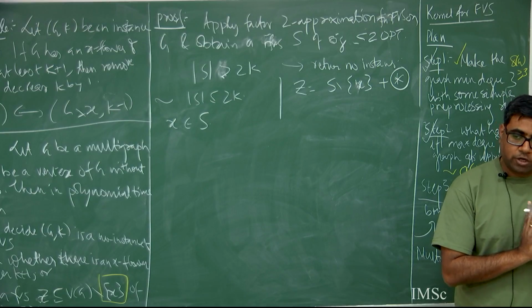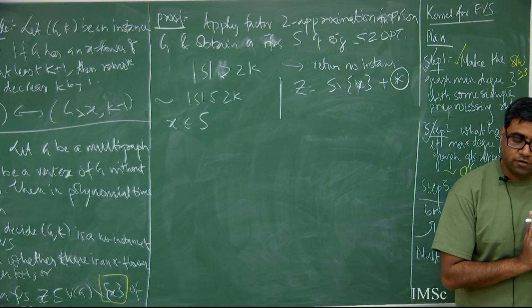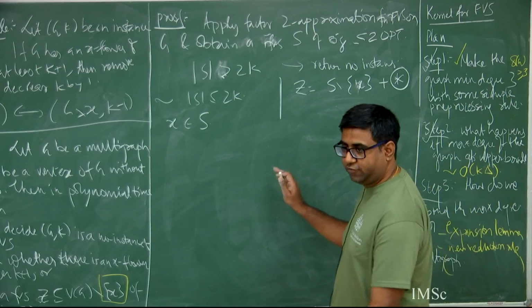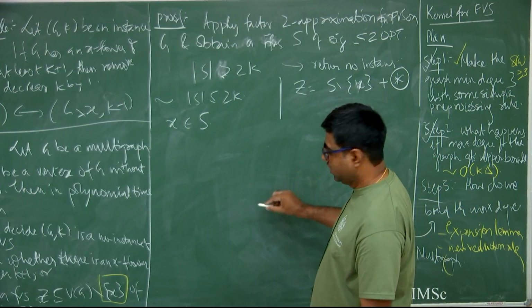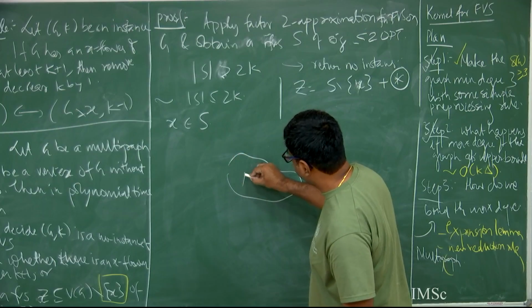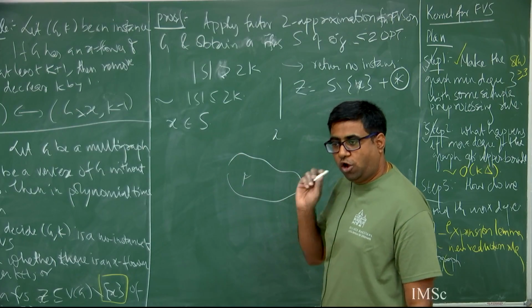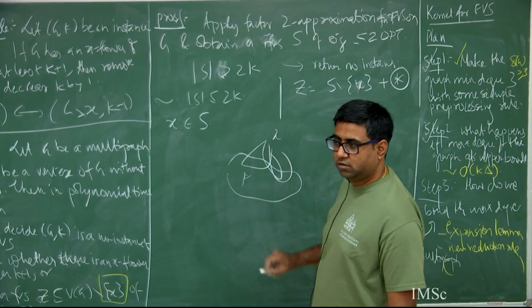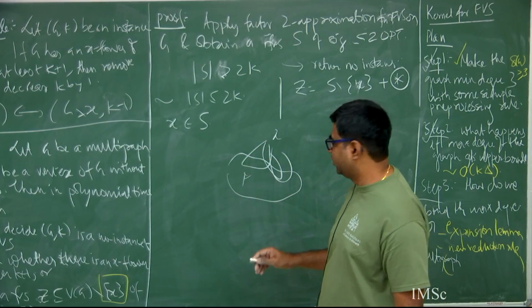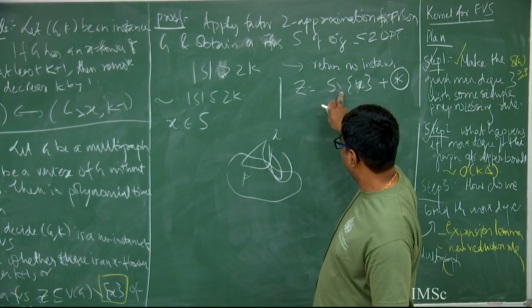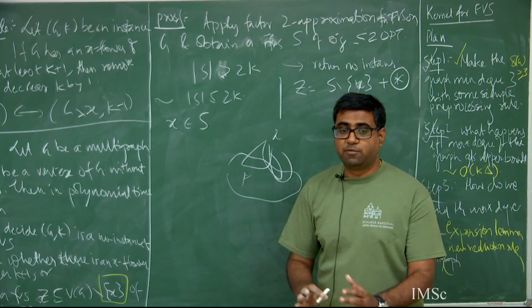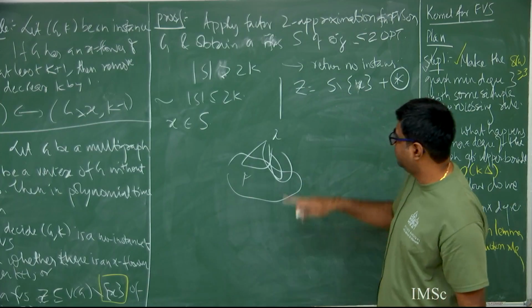But now notice, what is your graph left with? After I deleted S minus x, here is your forest and here is x. All the cycles that are left are passing through x. There is no more cycle which does not pass through x, because S was a feedback vertex set and we have removed all vertices except x from the graph.